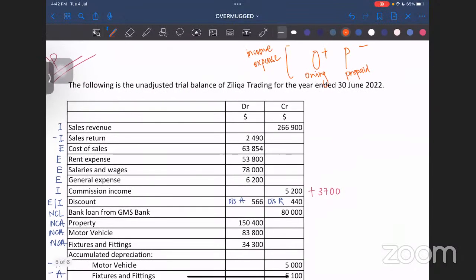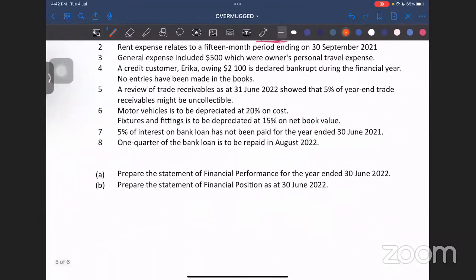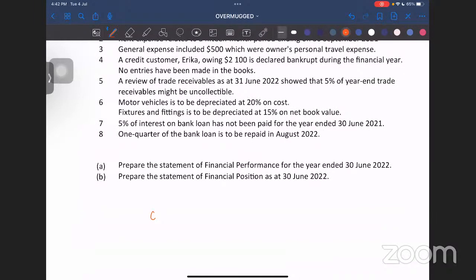For here, my commission income I plus, means it's an income that is owing. So what do you call an income that is owing? Commission income receivable. So I will come below here and create commission income receivable. How much am I owing? 3,700. And this is a current asset.